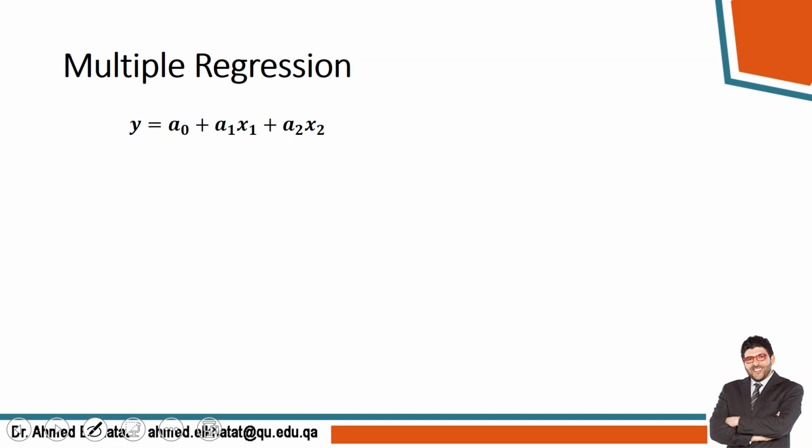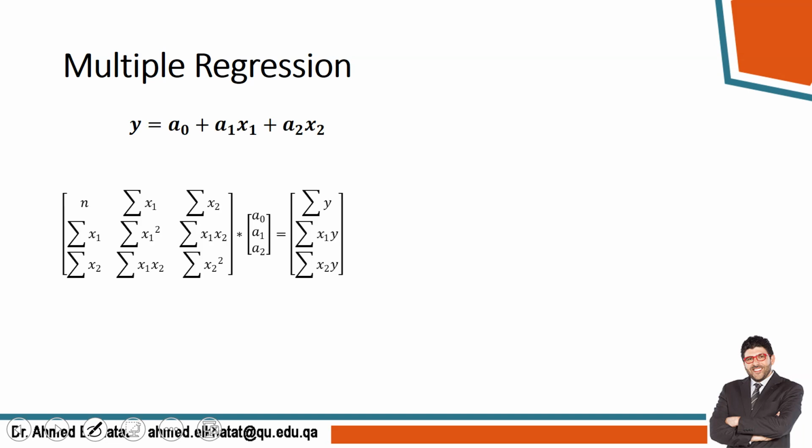Now it's similar to the polynomial, but it has a little bit different trend. So just to make it easy to memorize, for the first row we put all the variables.